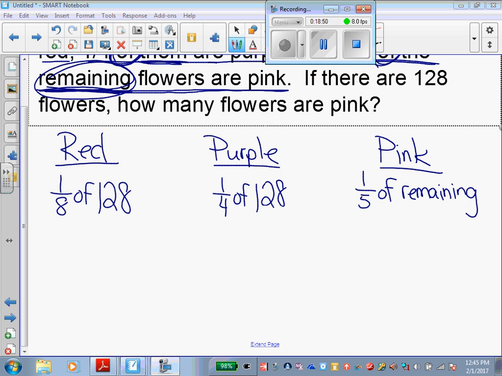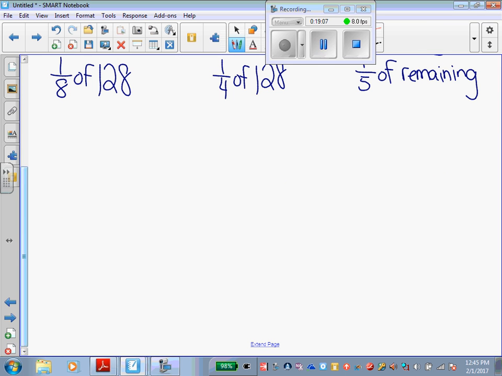All right, so we're picking back up. We need to find out how many flowers are red, how many flowers are purple, and how many remaining flowers are pink. So how can I start with the red? Brooklyn: Okay, very good. We have 1 times 128 over 8.